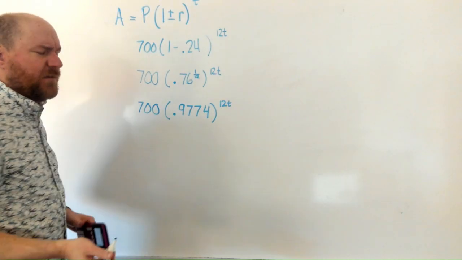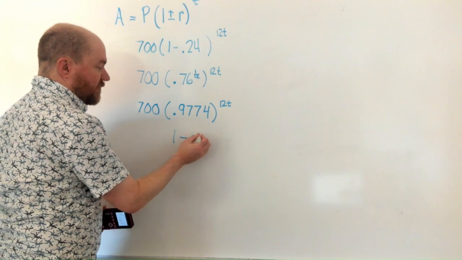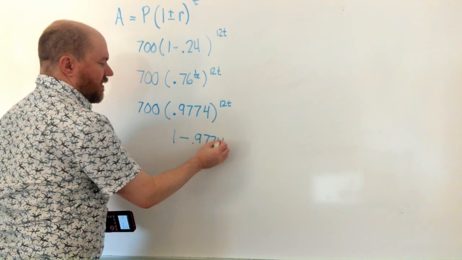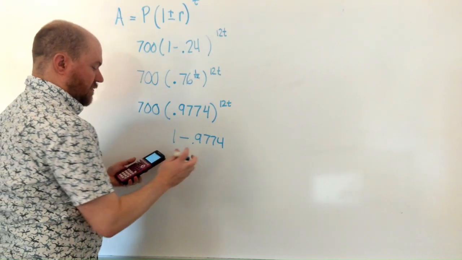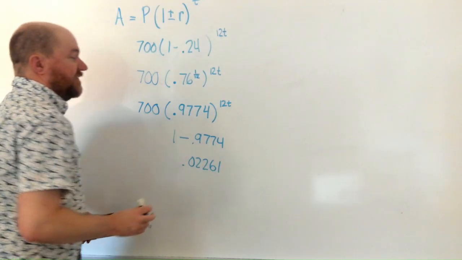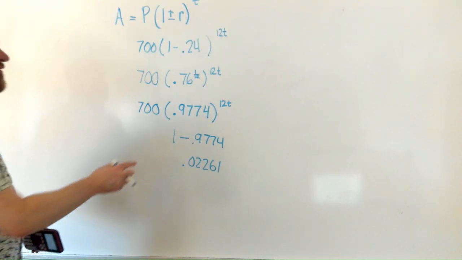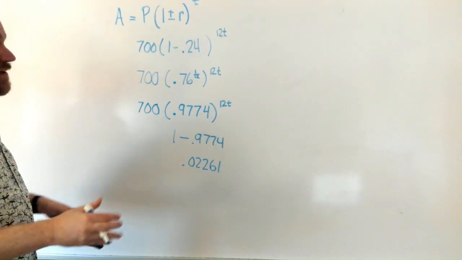It's not decaying by 97%. It's decaying by 1 minus 0.9774. It's decaying by 0.02261. All right, because remember, this number already had the 1 subtracted or added to it, so we need to take that 1 away.